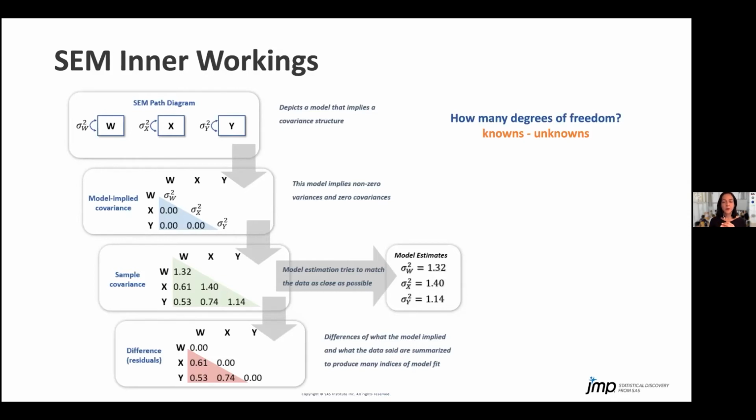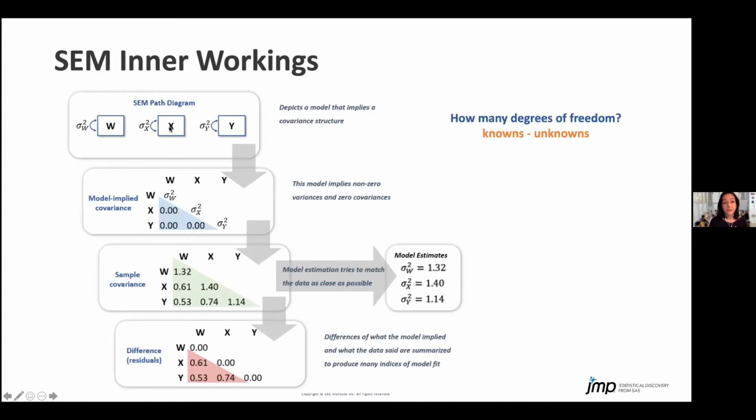So remember, thank you everybody who's making themselves vulnerable for giving an answer. I really appreciate you participating. So the pieces of information that we are giving the SEM program are the number of elements in the sample covariance matrix.